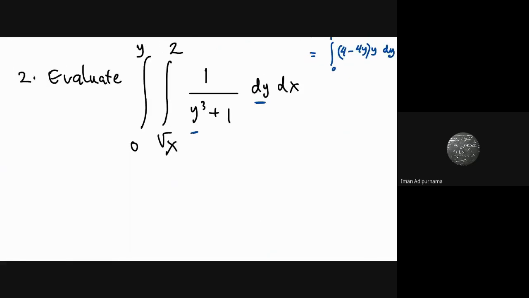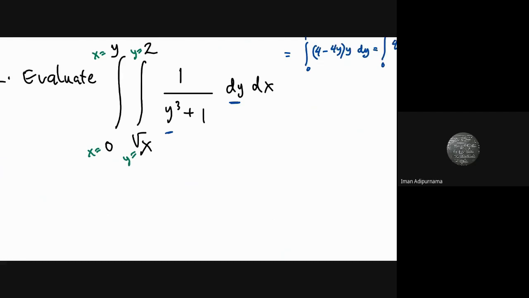The outside integral is x from 0, and y goes from 2 to square root of x. So when we try to reverse to become dx dy, we need to understand what kind of equations we are dealing with.